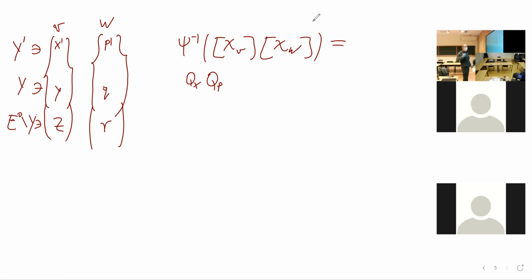But remember, we had this lemma, which told us that this is precisely delta xp, qx. And then it agrees with what we want, because on the other side, I'm just using the fact that this is the same as Kronecker's delta between x prime and p prime.